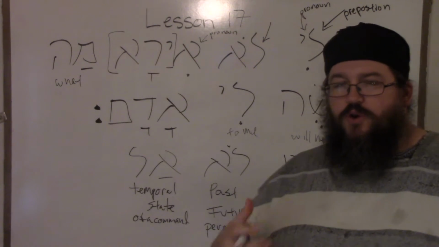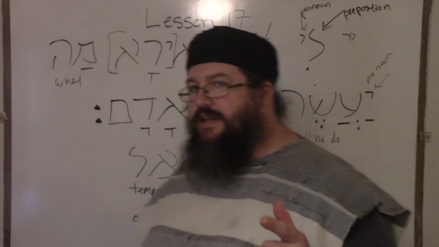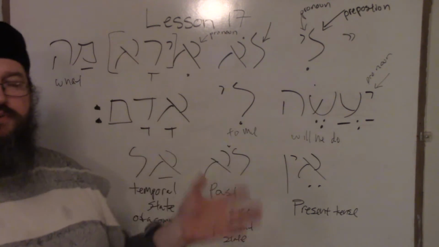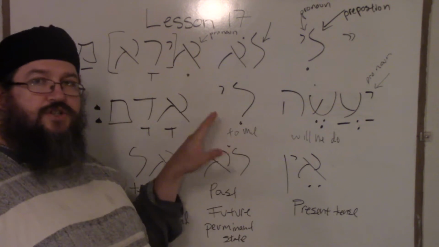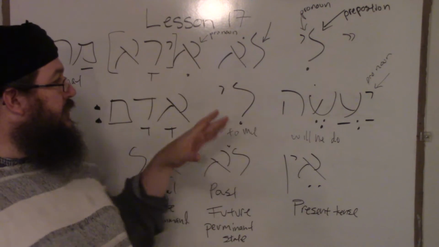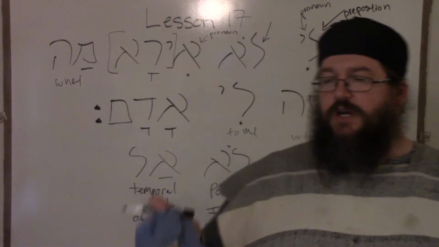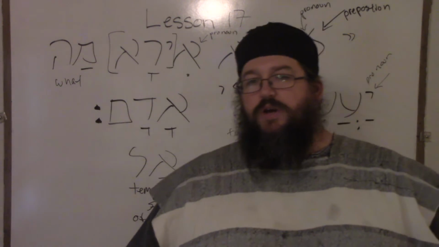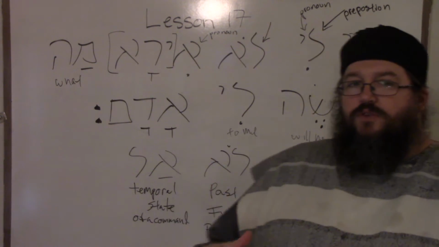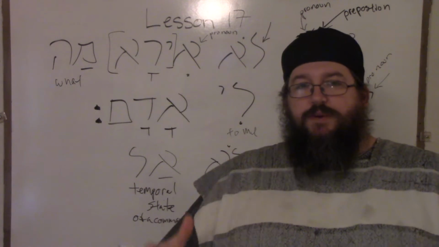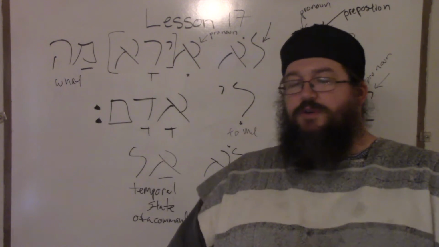Now remember, if we go back to the other video that I did, how do we know the differentiation between when la should be used versus el? El is only used whenever a verb of direction or a verb of movement, and a verb of speech, is being utilized.